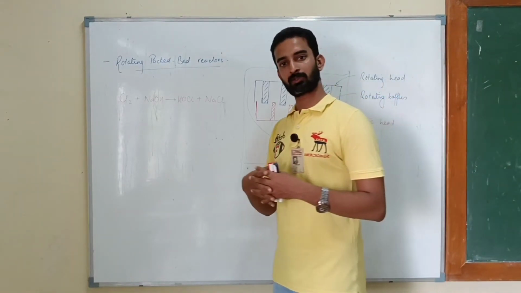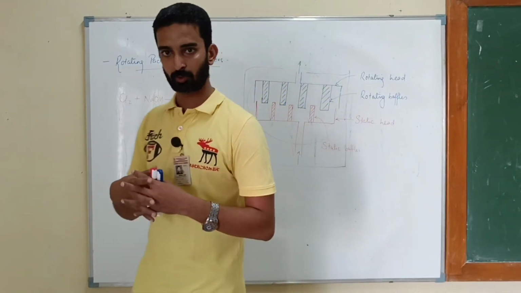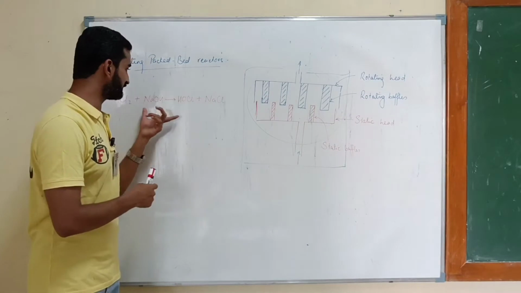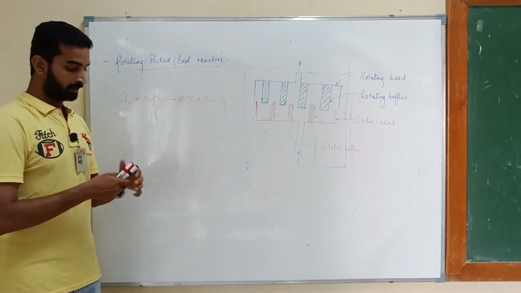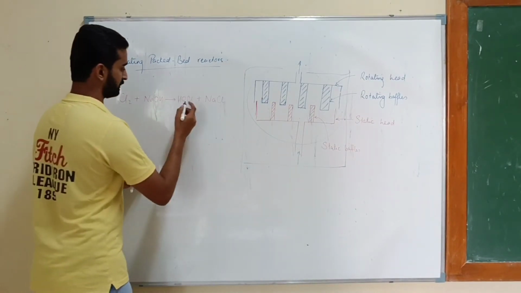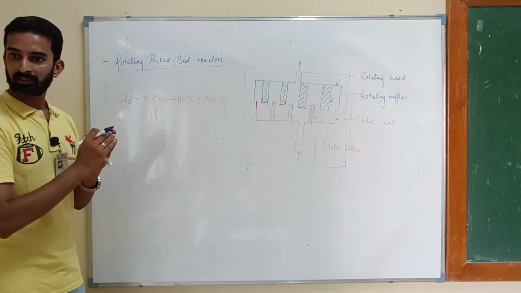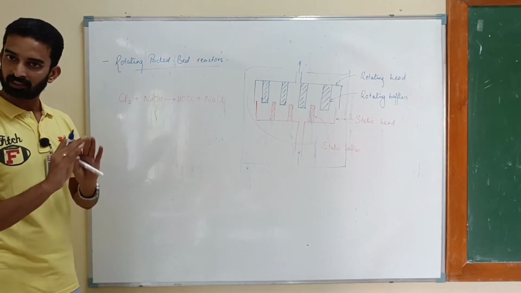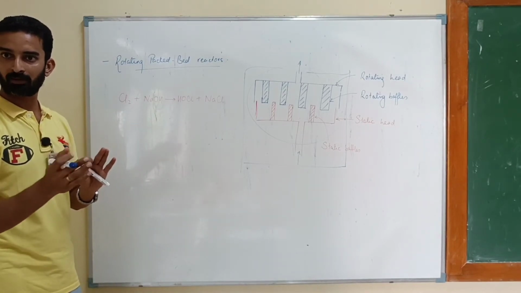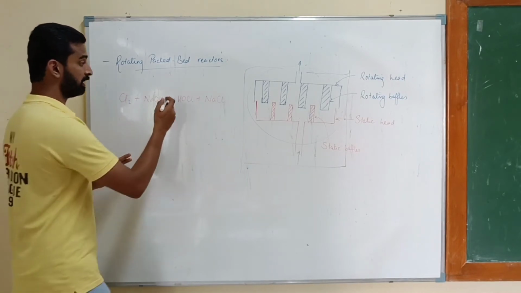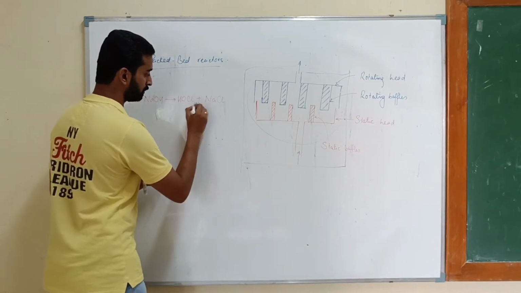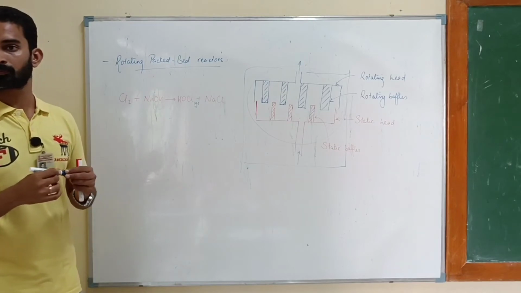Immediately, as soon as chlorine is absorbed, this reaction will happen. Okay, now the important thing is, first thing absorption, second thing reaction. These two are instantaneous. As soon as absorption happens, reaction happens. Now the HOCl that is formed is in gaseous form.